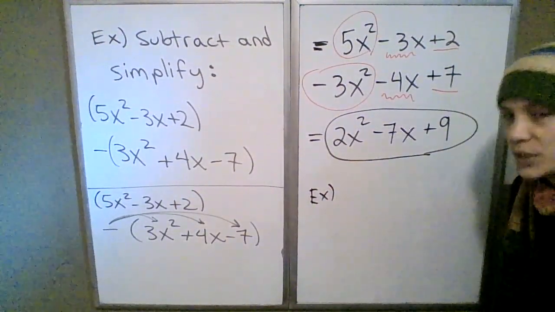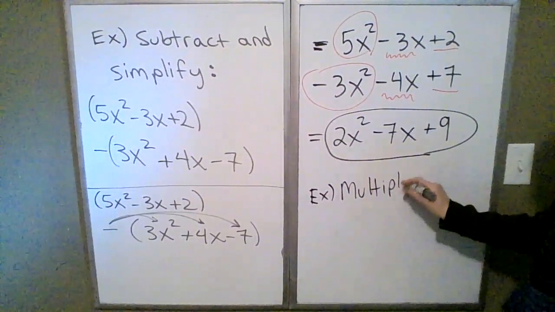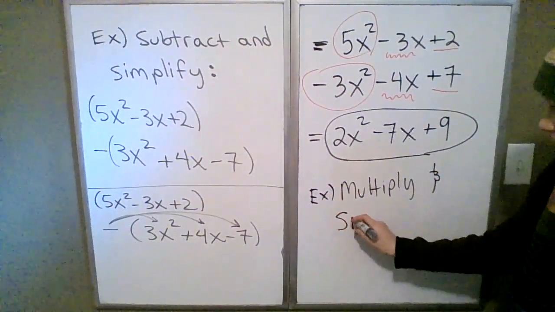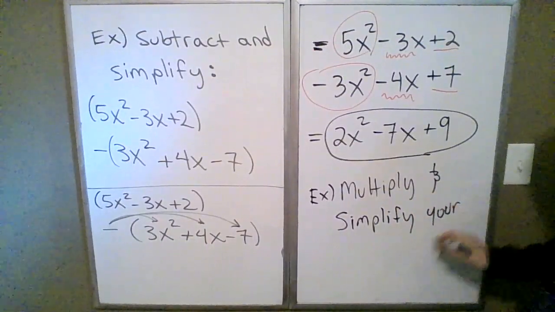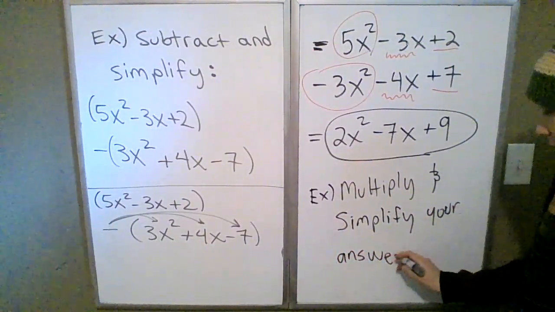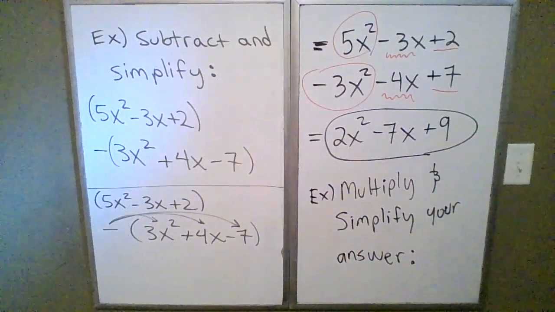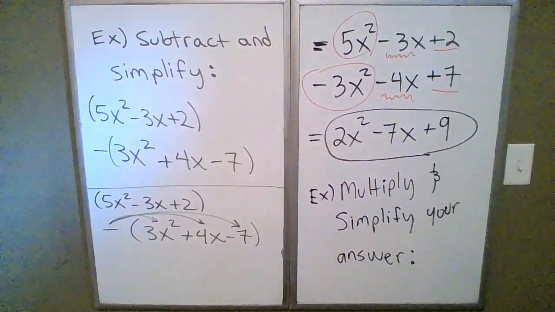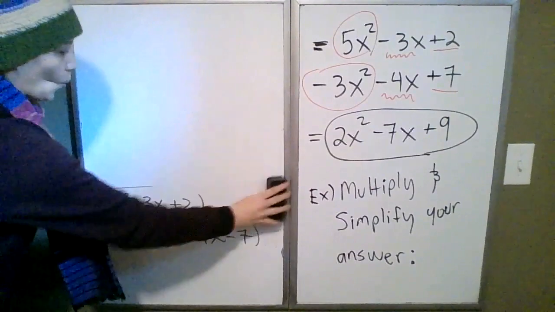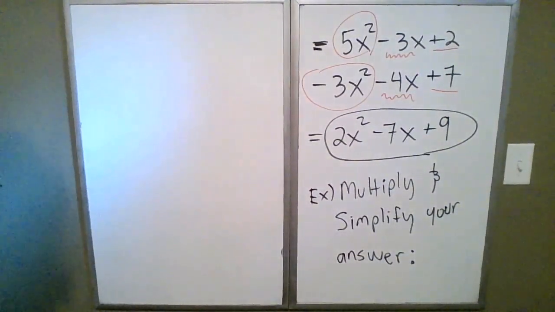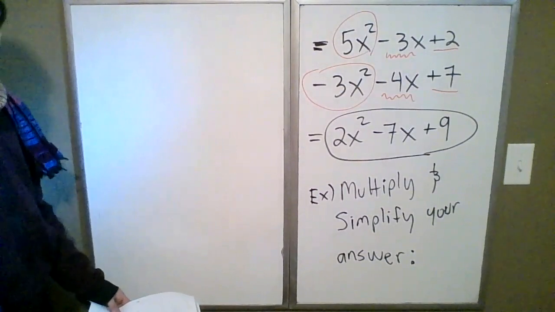So next we multiply and simplify. We're going to take 3x minus 3, multiply it with 4x minus 2.